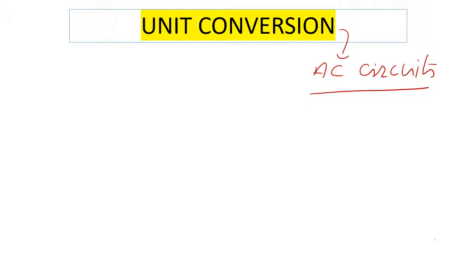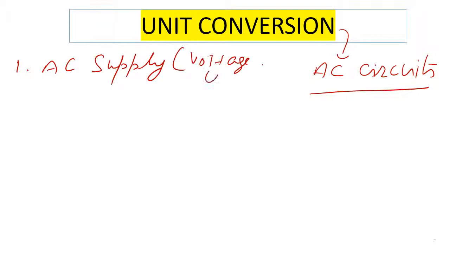In the AC circuits, four things are very important, and it is very basic. Number one is the AC supply. This AC supply may be the voltage or the current.